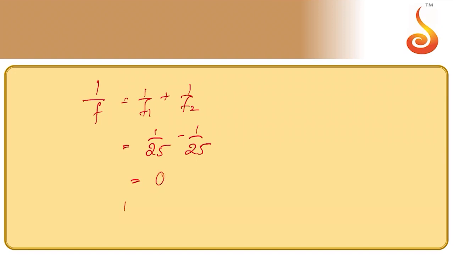So this is 0, and therefore the power, which is reciprocal of focal length, is 1 by infinity. Why infinity? 1 by F is 0, so F is equal to infinity, that is nothing but 0. So the power is 0.